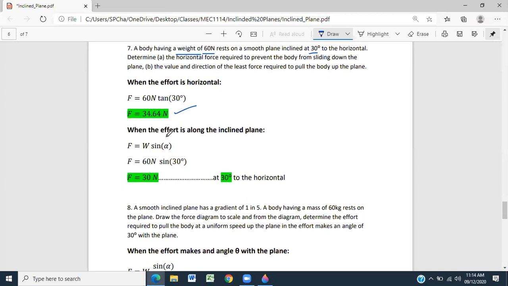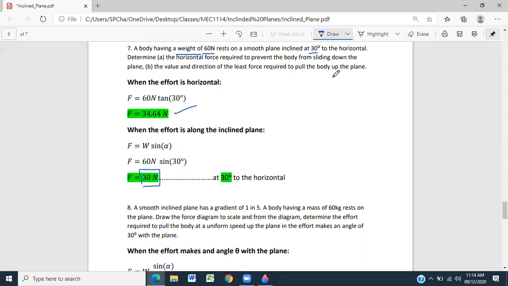So, when the effort is along the inclined plane, it is W sine alpha. Alpha here is 30 degrees, yeah? And W is 60. So, finding that, again, put it into our calculator. Sine of 30 is a half, 0.5. 0.5 times 60 should give us 30 newtons.